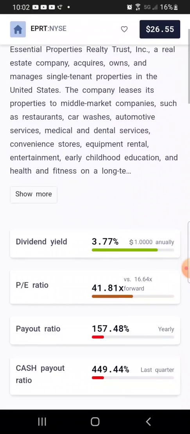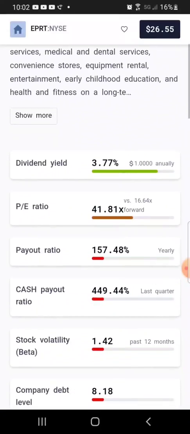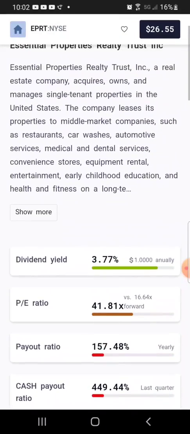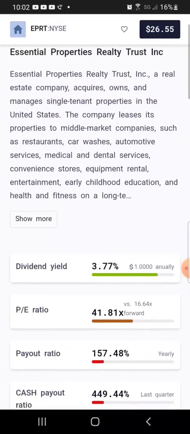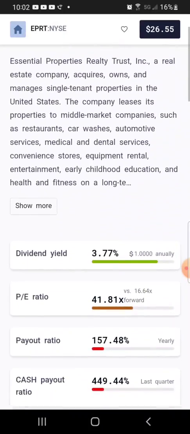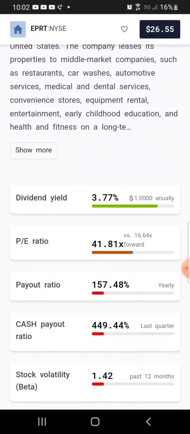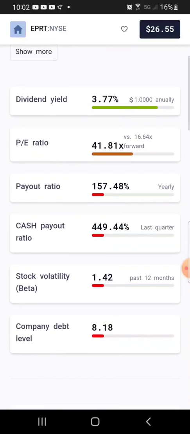All right, so it's a pretty good company. They got medical centers, automotive services, convenience stores, equipment rental, these type of places, child education, daycare spots. Those are the type of properties that are in its holdings.